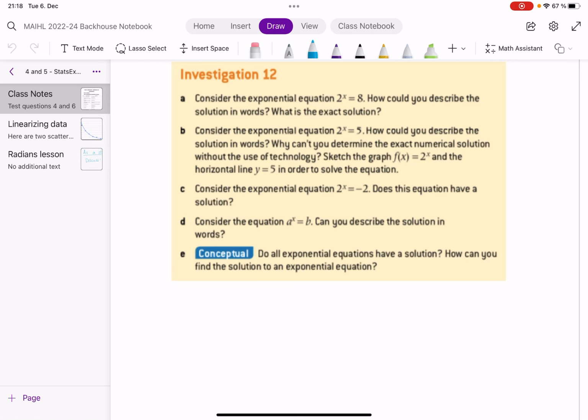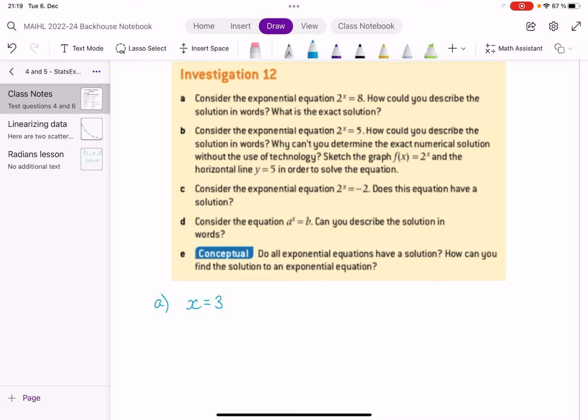I imagine it's something along the lines of, what do I need to raise 2 to the power of in order to get 8? So we need to raise 2 to the power of 3 to get 8. 2 cubed is 8. So there is an exact solution. Oops, it's not 8, it is 3. I'm fairly confident that you will have done that.